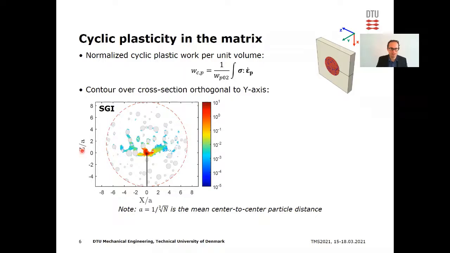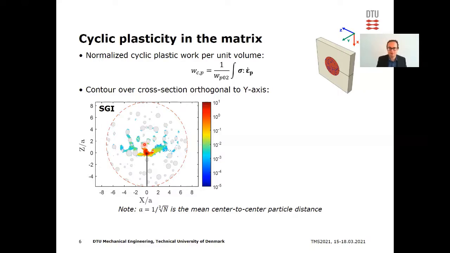Please note that here the coordinate axes are normalized by A, which is the mean particle distance. As you can see here, in front of the crack, at the tip of the crack, which is just this black line here, plasticity seems to be very much affected by the local particle distribution. But in particular, it looks like plasticity tends to connect together neighboring particles, forming some sort of chains.